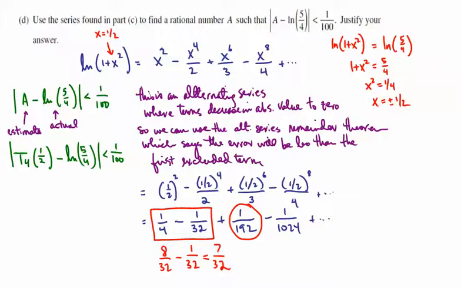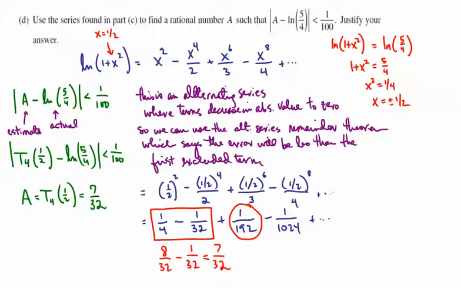And so that a, which is our T sub 4 of 1/2, is just 7 32nds. And that's what would happen here.